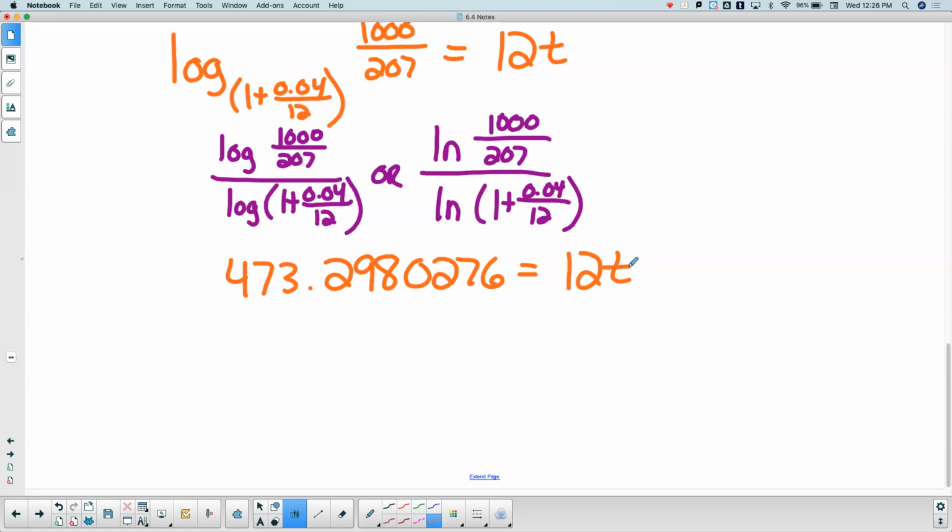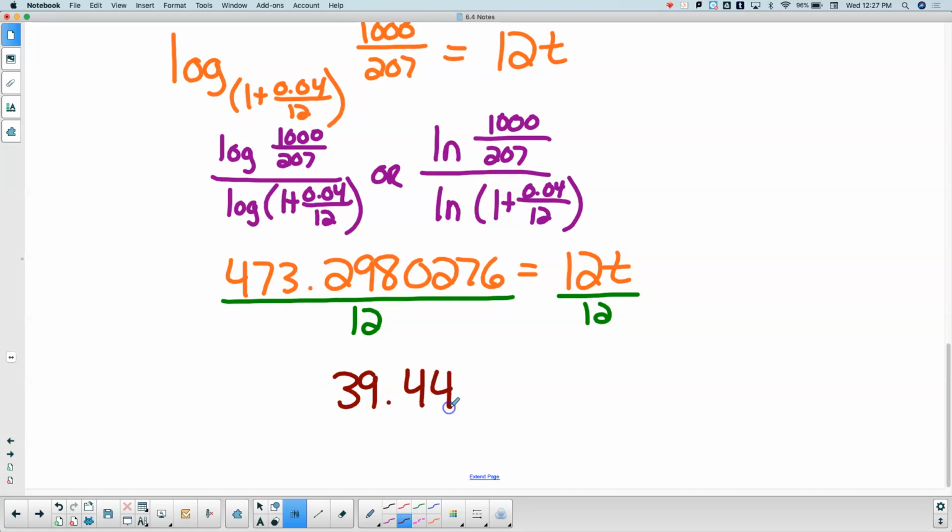Now divide that by 12. And for this one, would you want a whole number? What did we just find? The years. How many years to get to $1,000, right? Would I need a whole number? No, because we have partial years, right? Yep. So I get 39 point, we'll call it, 442 years.